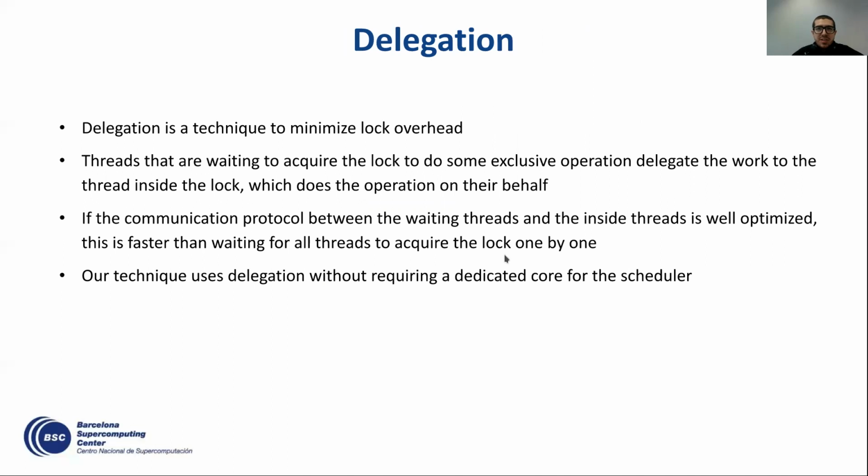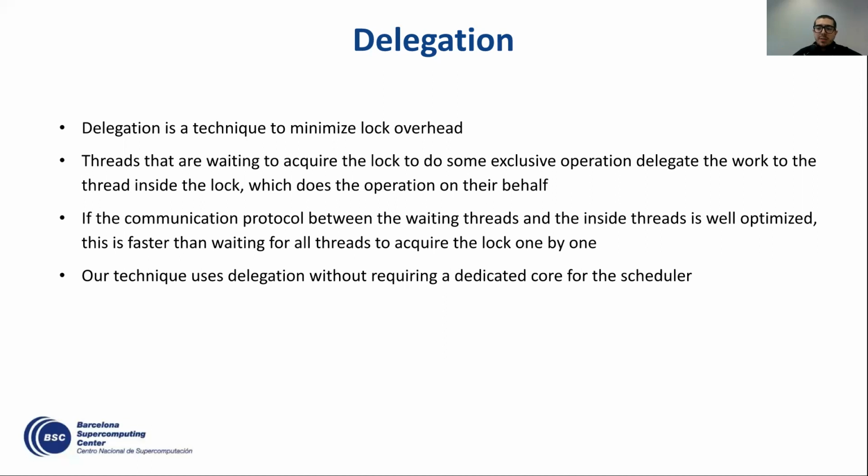Now that we have an efficient lock, the better thing, instead of locking, would be to not have to grab the lock at all. So here enters delegation, which is a technique that aims to minimize this lock overhead. With delegation, waiters that want to do some mutually exclusive operation can delegate the work to the thread that is currently the owner of the lock.